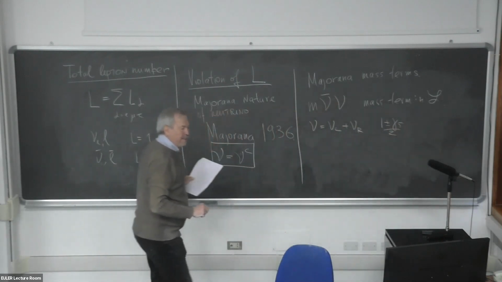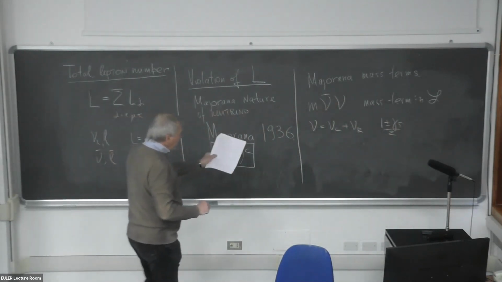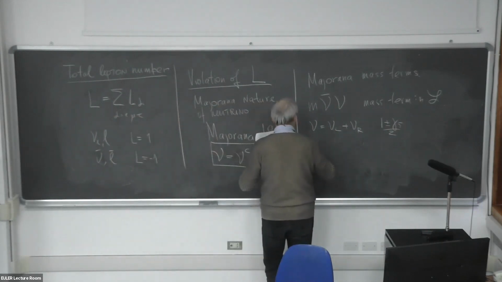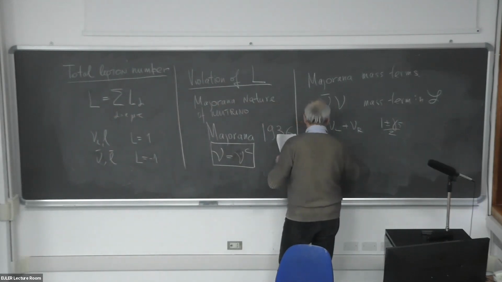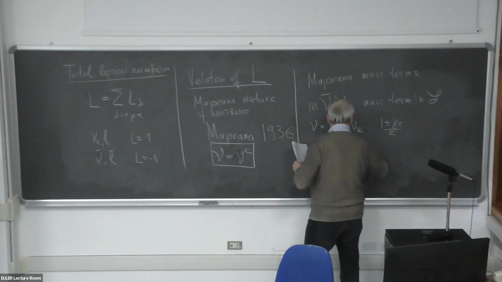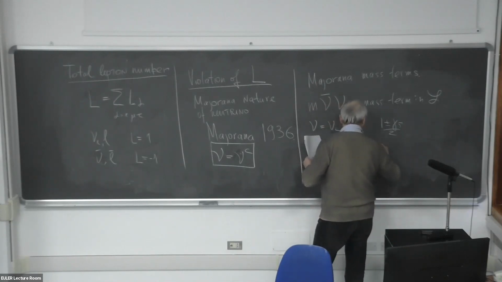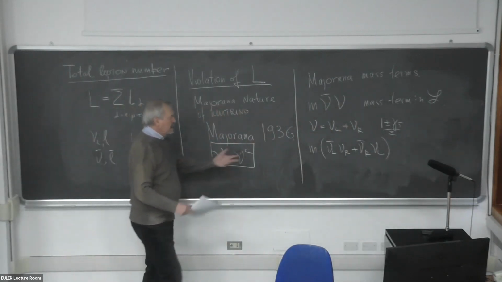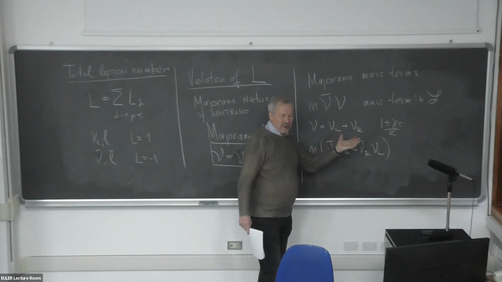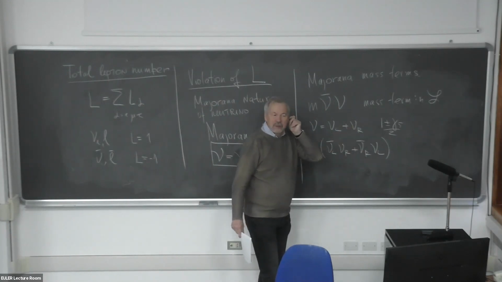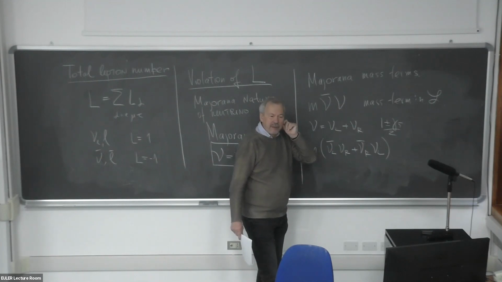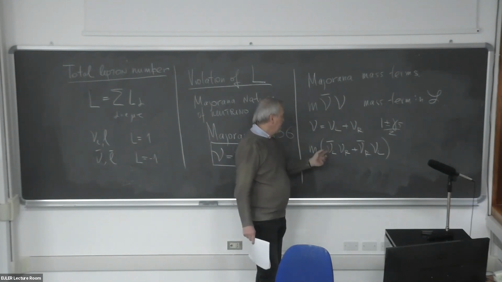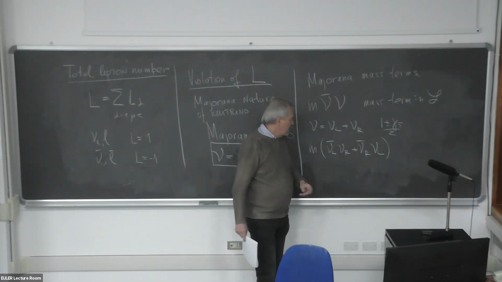I will not repeat this again. Inserting this expression into the mass term, we will get m times (nu left-bar nu right plus nu right-bar nu left). And the other terms, because you have 2 by 2, 4 terms, cancel because of projection properties of 1 plus gamma 5 and 1 minus gamma 5, right? Because if you have left, you do conjugation, it becomes right, and you have right and right here. That's fine.